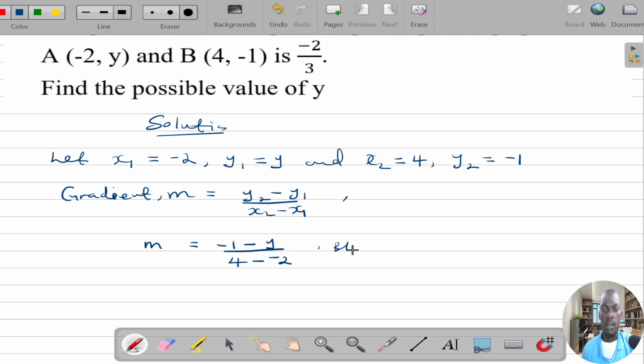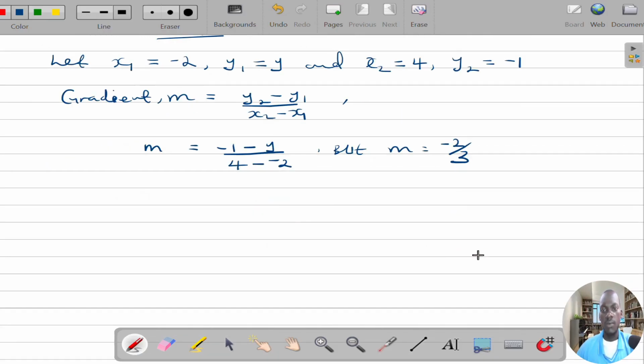But remember, our m is given as -2 divided by 3. That means we have to substitute it there. So this implies that m, which is -2 divided by 3, should be equal to -1 minus the y, which we want to determine. And as we simplify this denominator, this one becomes a plus. Therefore you have 4 plus 2, giving us 6.